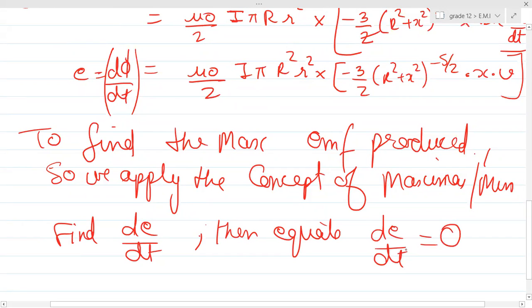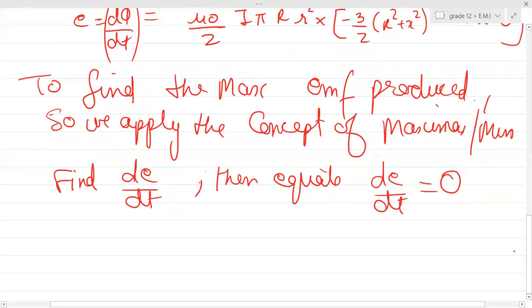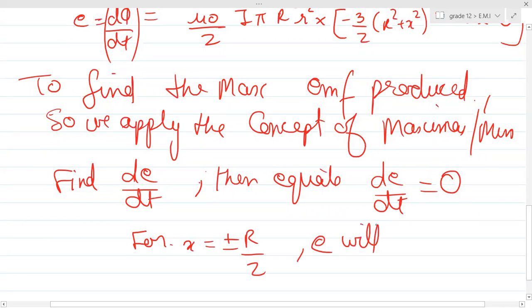Yes or no? So I'll leave the differentiation part to you people. Equate dE by dt, and when you solve this, for x equals to plus minus r by 2, E will be maximum.